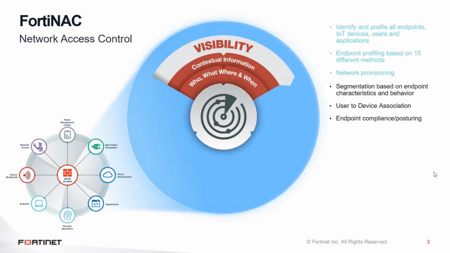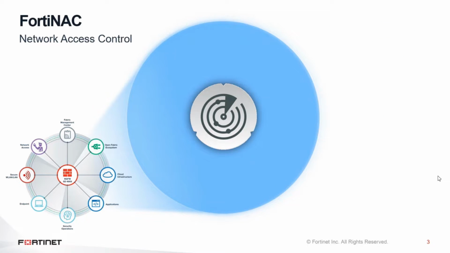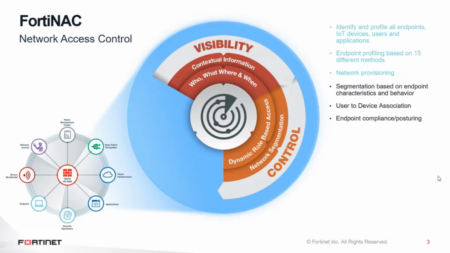Then the second, which is control, the control capabilities of FortiNAC. So once devices are profiled on the network on FortiNAC, FortiNAC can segment that network to restrict device access to only those assets that it needs to reach. So let's say, for example, you have an IP camera which is given access only to the MVR server, so that it can send the video imagery for storage and display, but is blocked from accessing the finance servers, because it doesn't really need access to that.